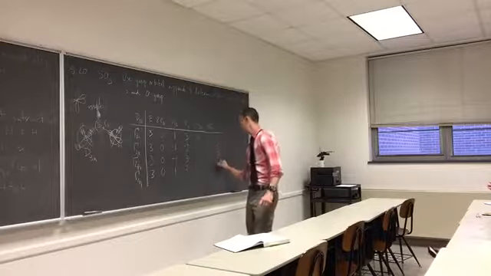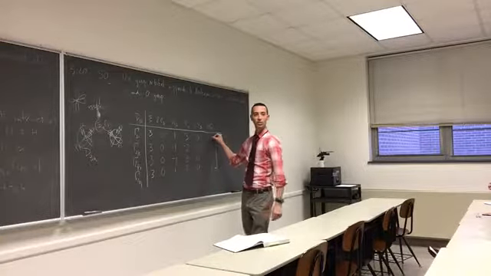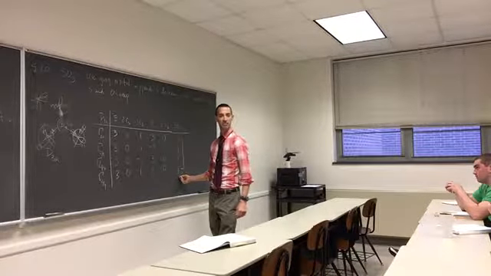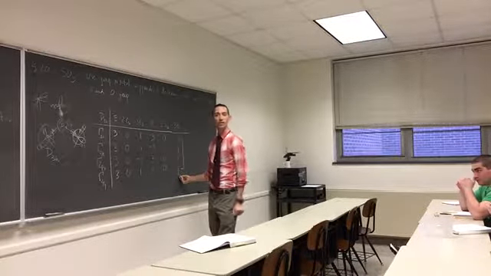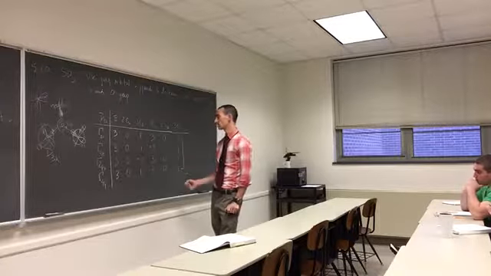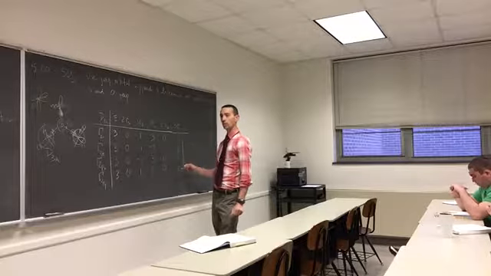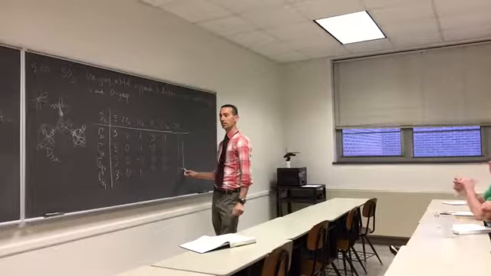Although notice that these two are identical. So once you reduce gamma for 2S, you've reduced gamma for 2PZ. Please don't redo it, okay? Obviously, they're the same. So that saves you a little bit of work, but you need to reduce each of these.